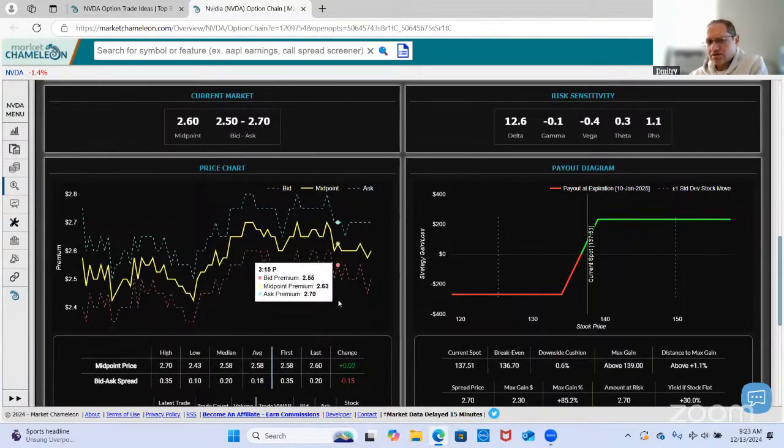The reason it's tracking the midpoint is that option prices and option values are derivatives, and those values are changing as the stock is moving, and with time decay and implied volatility. So those values are changing even though there may not be any trading in them.